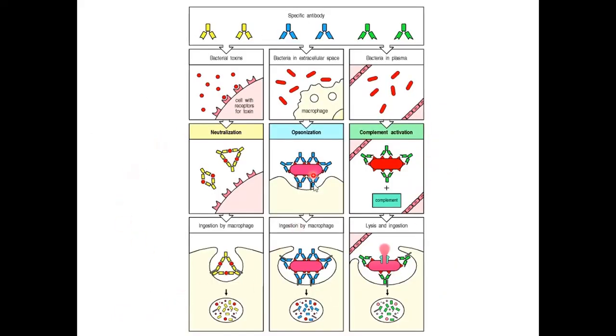So this is the summary of functions of these antibodies. When bacterial toxins are introduced, what do these antibodies do? They will bind these toxins and neutralize them, and prevent them from binding to the cell receptors. Thus the antibodies bound with toxins are ingested by macrophages.